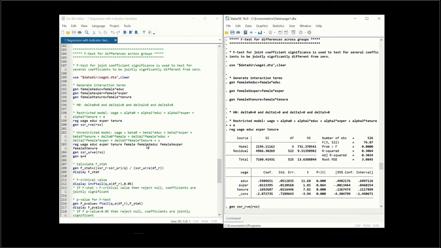So this is the unrestricted model. Here we have a regression of wage on the 3 independent variables. Female is included separately because that generates different intercepts for males and females. And then we have the interacted variables between female and the independent variables.